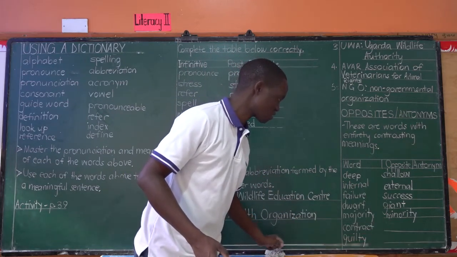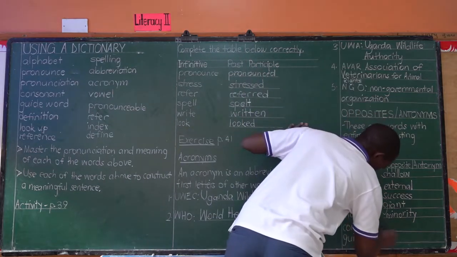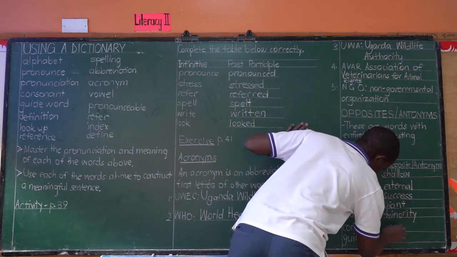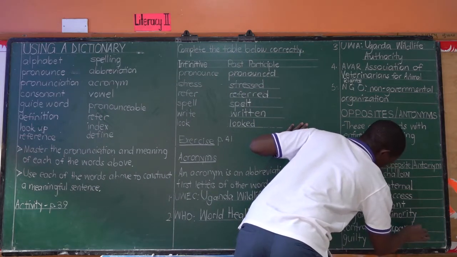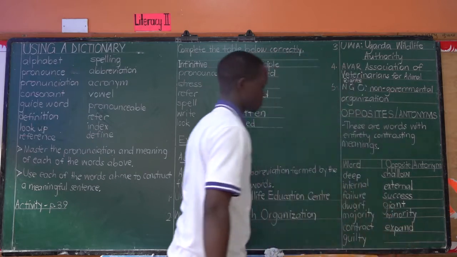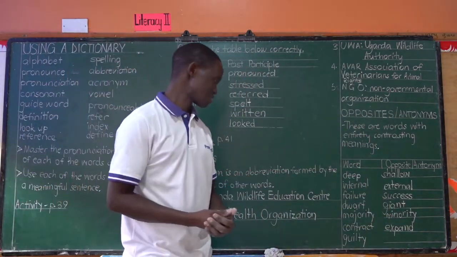We got the second last one as contract. If things don't contract, then they expand, according to your science. What happens to this on a hot day? It expands. On a cold day, it contracts. You know those things in science?